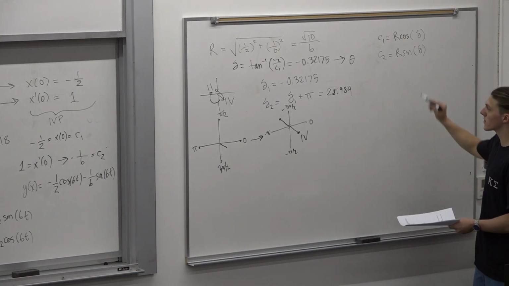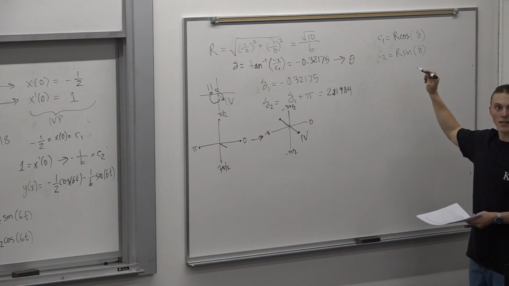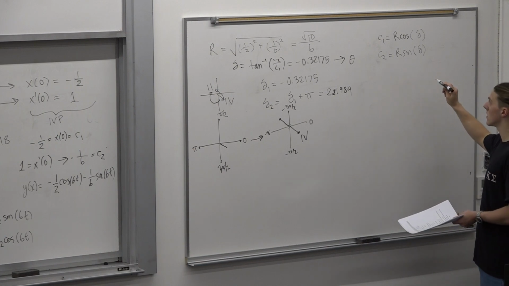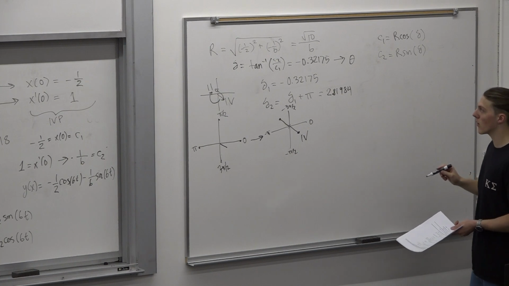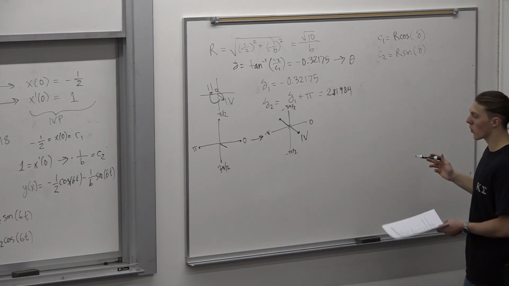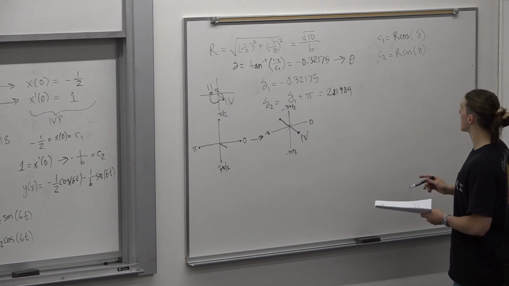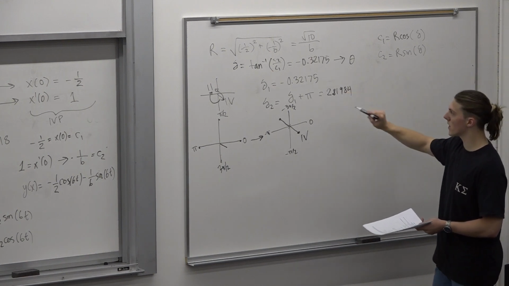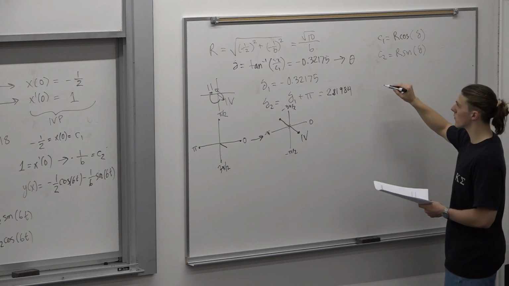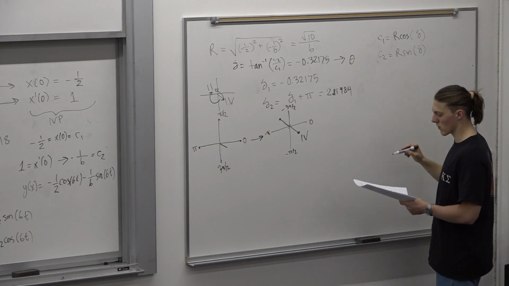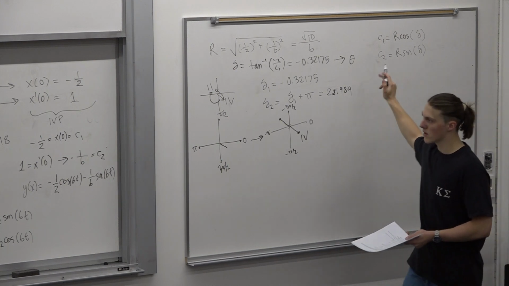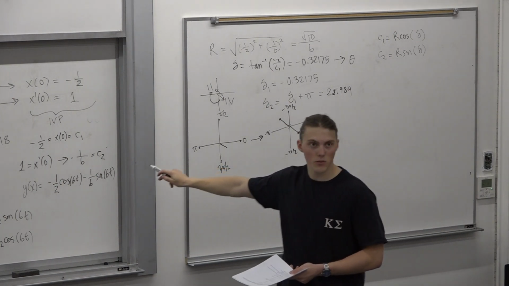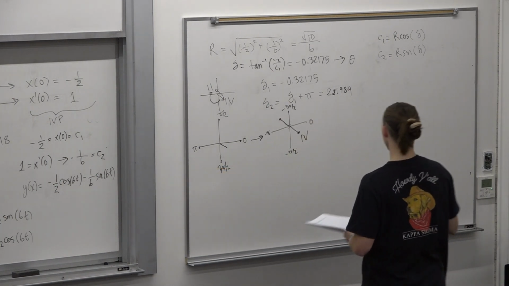What we do here is we plug in our delta 1 and delta 2, and we see which one holds true. In this case, only with delta 2 will this hold with the C1 and C2 we found previously.